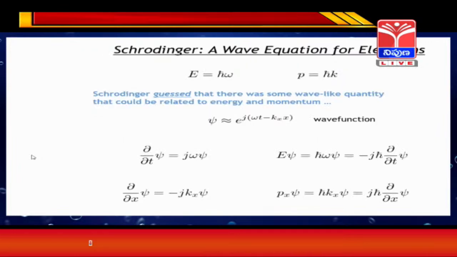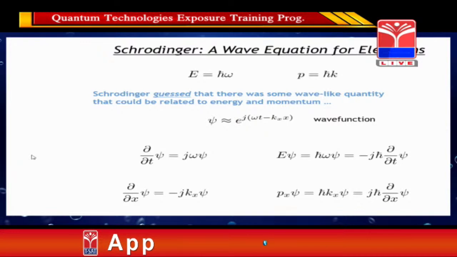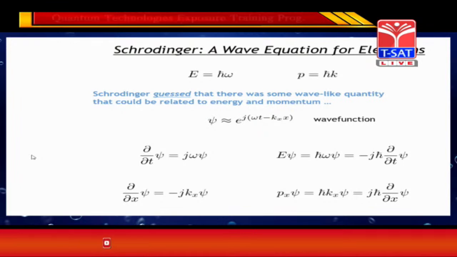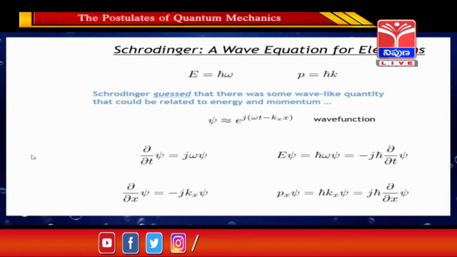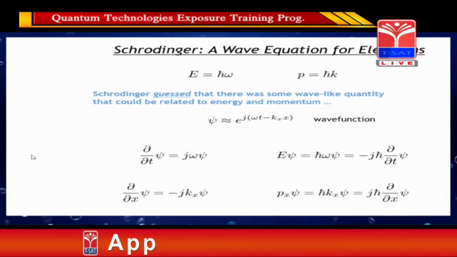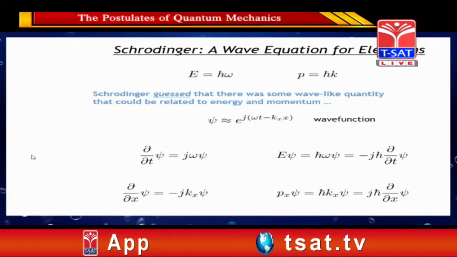So then comes this thing. Now we know some fundamental basic laws have been established. That is Planck's law, by which we know E equals h nu. Now E equals h nu and E equals h bar omega are the same, because h bar is h by twice pi.